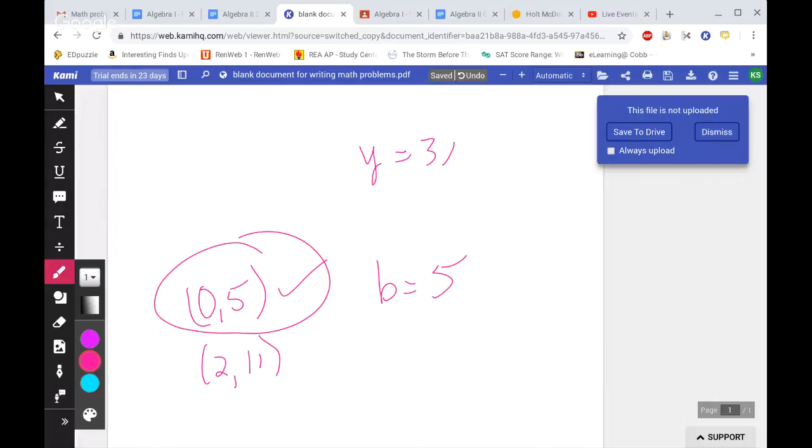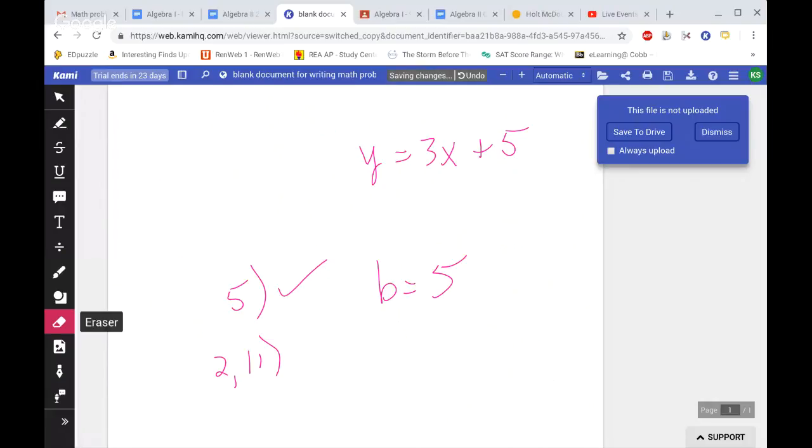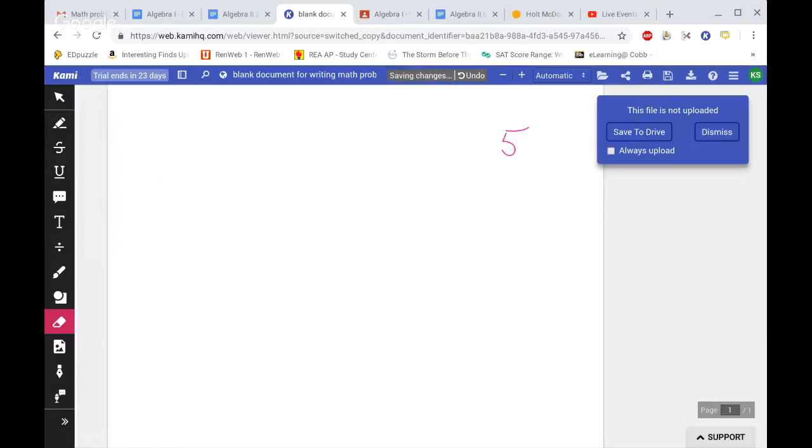So y equals 3x plus 5. Okay, that's what I did. All right, good. And 12 and 15 were a little harder than that, and that's why I wrote them down. So hopefully you copied them, because on that particular one, you had to find slope and then you had to plug in one of the 2 ordered pairs.